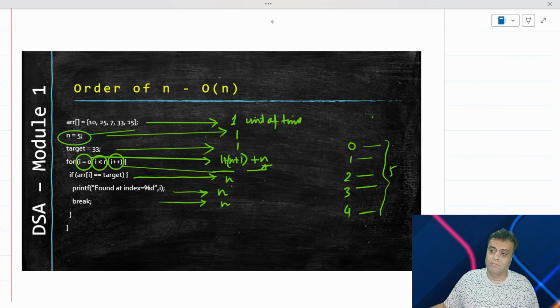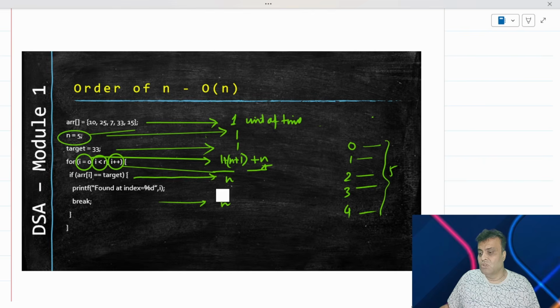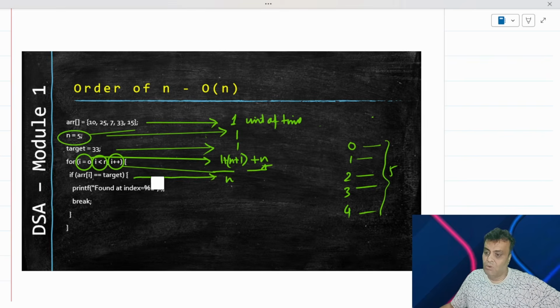Of course, one pinch of salt that you can take is that if this if is not true, the printf and break will not execute itself, right? So net, you can eliminate these two and say that one happy path, or one critical path as we call it, is taking this particular input only n number of times, or this particular line is only executed n number of times.